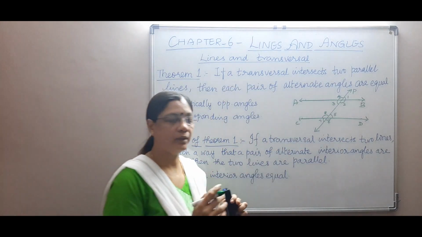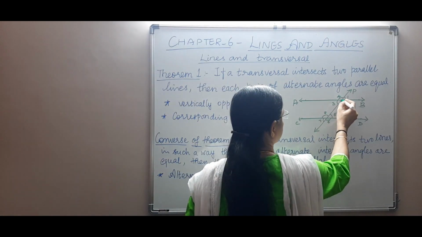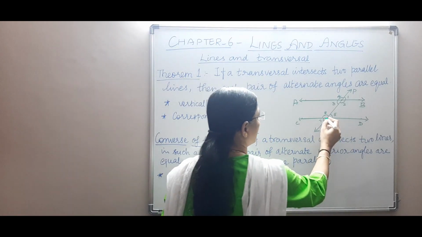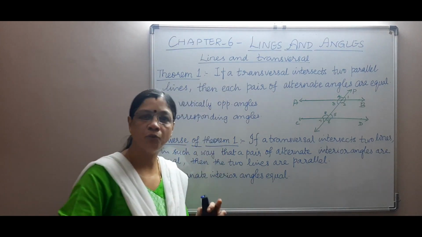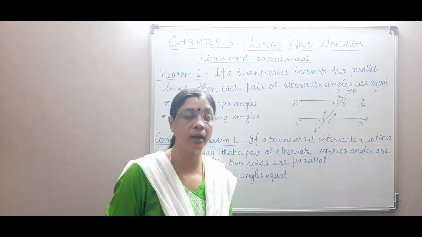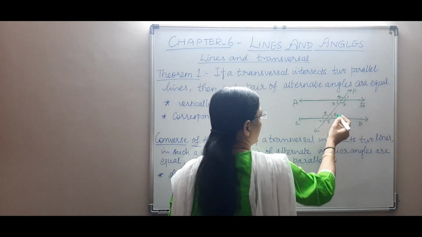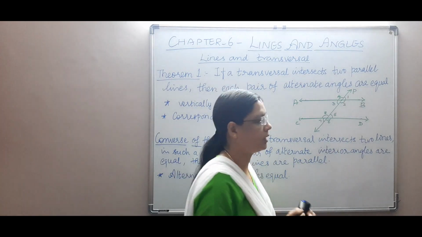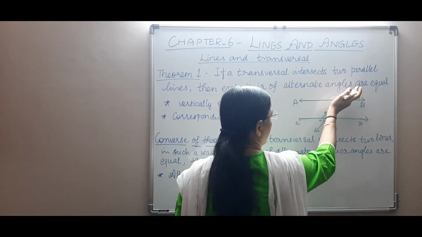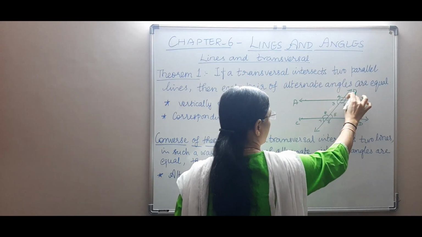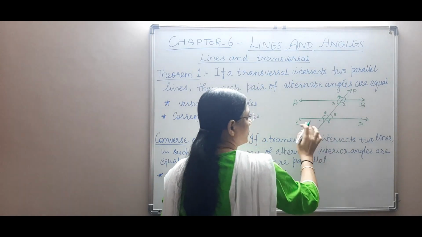So at the intersection point of the transversal on the parallel lines, we have 4 angles around the point. Okay, so I told you that the corresponding angles, see, angle 1 and 5 are corresponding angles. The angle made by the transversal with the line AB and with the line CD.